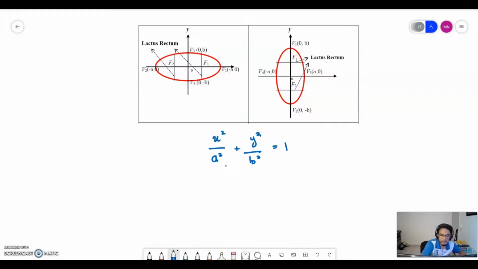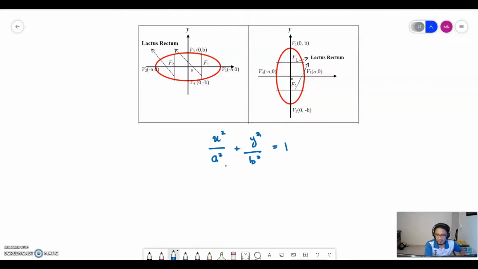So this is the standard form equation for an ellipse. So how can we determine whether the equation actually represents the horizontal ellipse or the vertical ellipse, since both ellipses share the same form of equation?